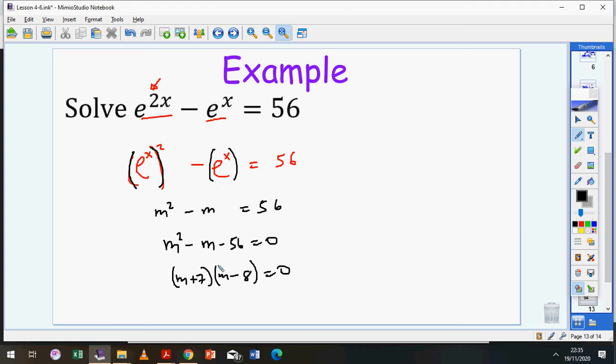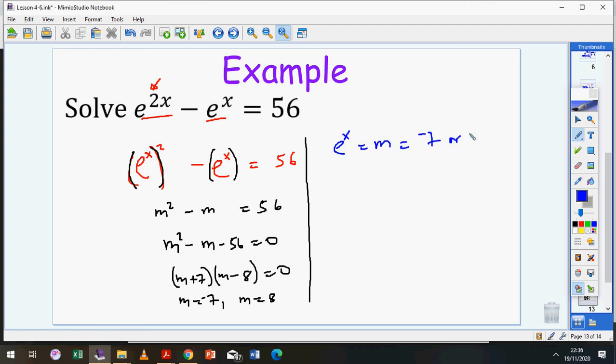So if m plus 7 and m minus 8 is 0, that means m equals -7 or m equals positive 8. Now remember, I simply introduced the m for convenience, right? It wasn't part of the initial question. I just put it there for convenience. What was part of the question was e to the power x, and I know that my e to the power x is m, and that m is either -7 or 8.